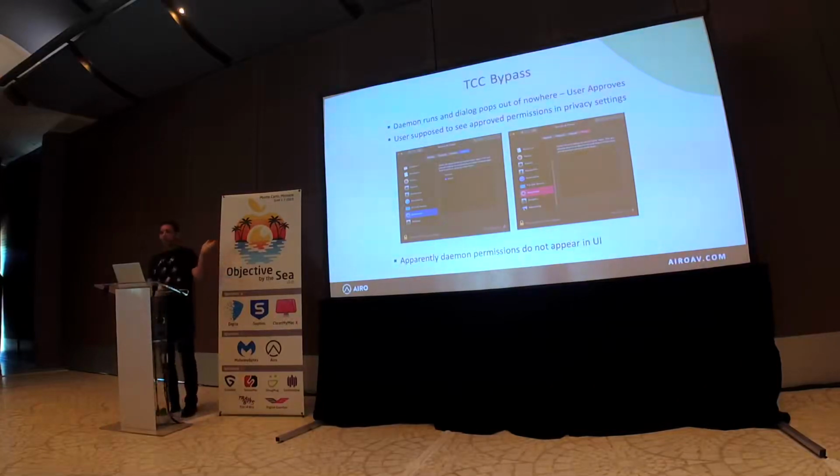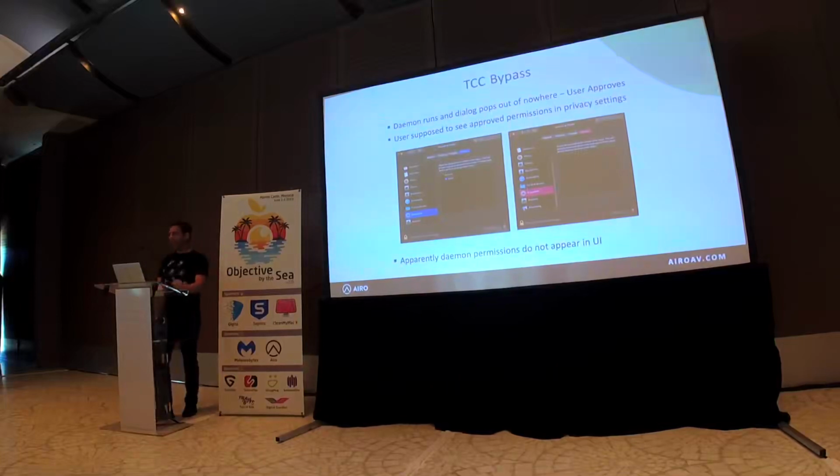But when a daemon asks for permission from a user, you will see the dialog, but afterwards you will not see what happened with your approval in the Security and Privacy settings. I don't know why it's like that. I guess someone at Apple thought that because users don't really know about daemons and aren't supposed to know how to install or uninstall them, they're not supposed to see the settings there.